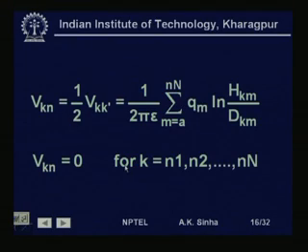Therefore, V k n is equal to 0 for k is equal to n plus 1, n plus 2 up to n n. That is, except for the phase conductors, all these n ground conductors, their voltage is going to be 0.